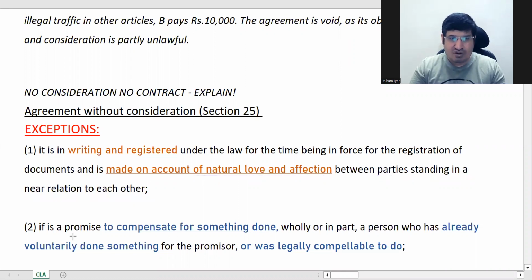promise to compensate something done already, voluntarily.